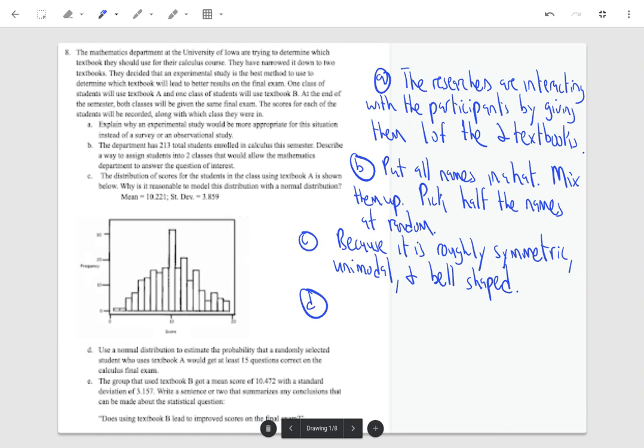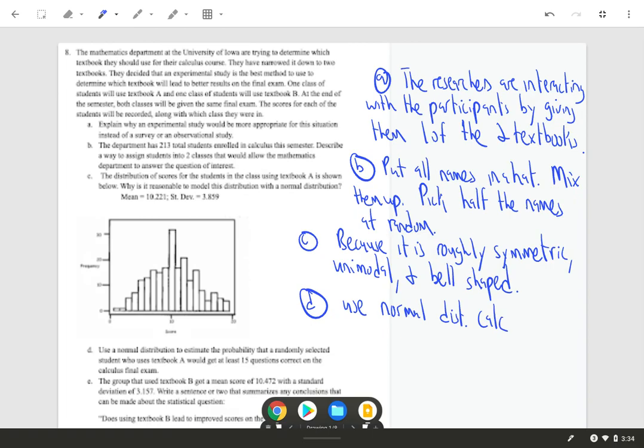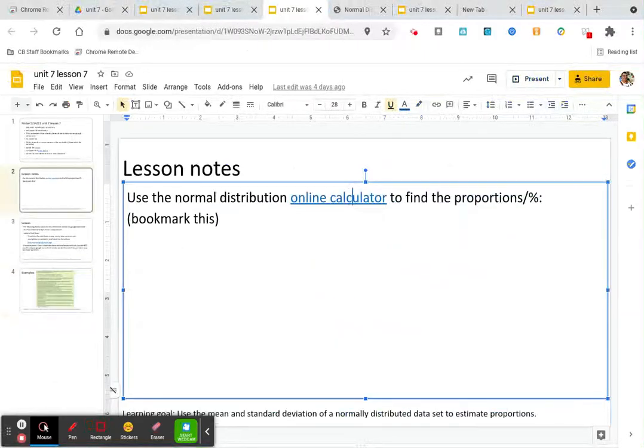Use a normal distribution to estimate the probability that a randomly selected student who uses textbook A would get at least 15 questions correct on the calculus final exam. So for this one, we're going to use the normal distribution calculator. Okay, that is the calculator from lesson 7 that I shared with you in the link.